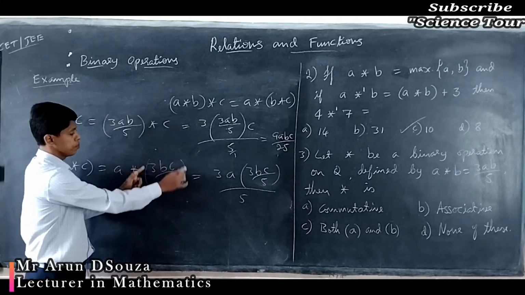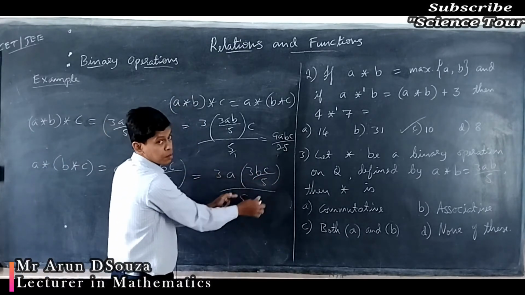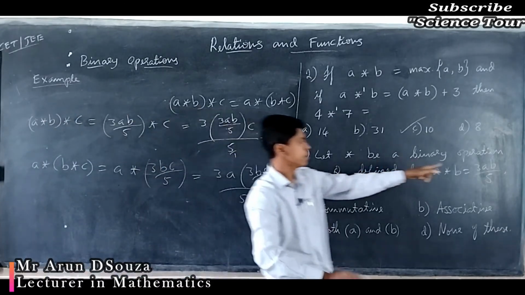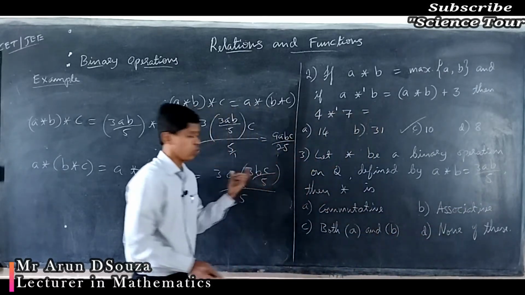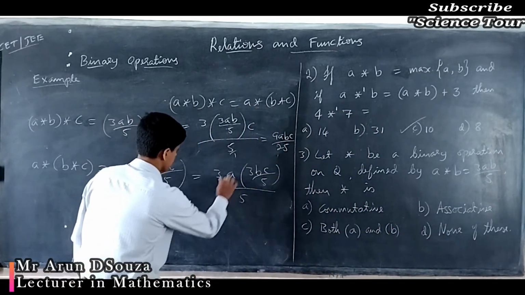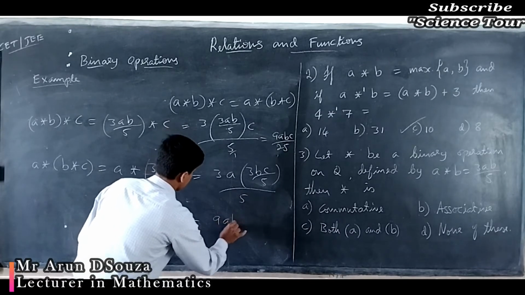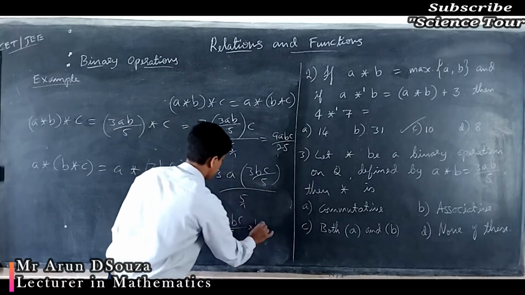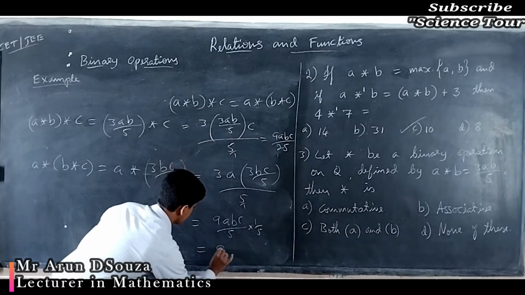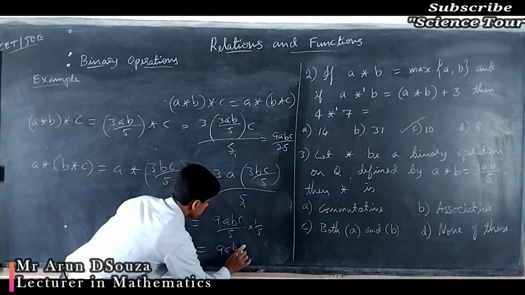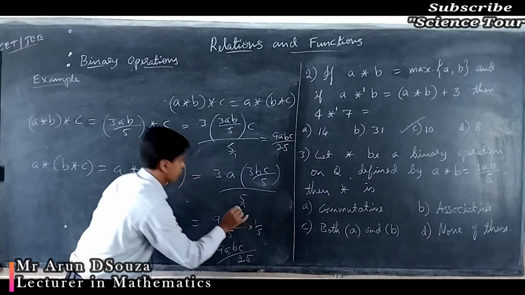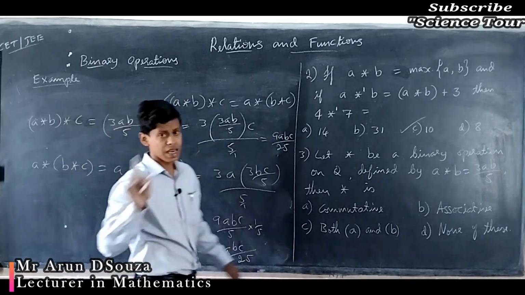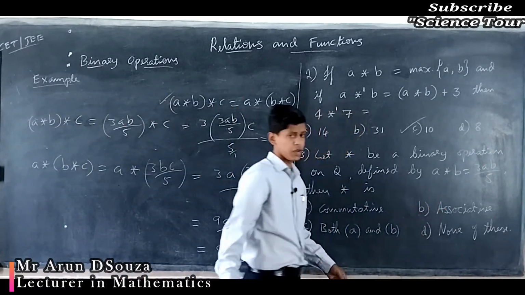A star B, 3AB by 5. In place of B I have got this. So in place of B I should write that quantity. So simplify again. So 3 into 3, 9ABC by 5, and this 5 by 1 goes up. Okay, simple thing to understand. So 9ABC by 25. So are they same? Yes. So they are equal, hence it is associative.